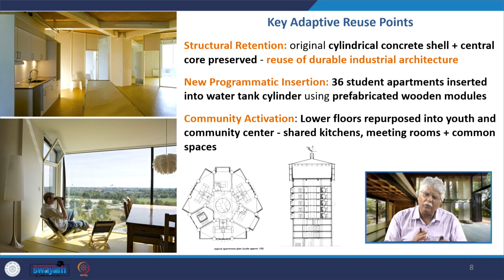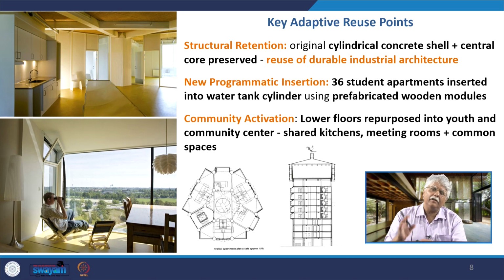There is a lot of such industrial architecture or buildings that have become unusable over time, or have fallen into disuse. They are not being used anymore, and they are all over the world, including in India. To be able to adaptively reuse them, knowing that the structure is very durable and stable, is an extremely sustainable idea.